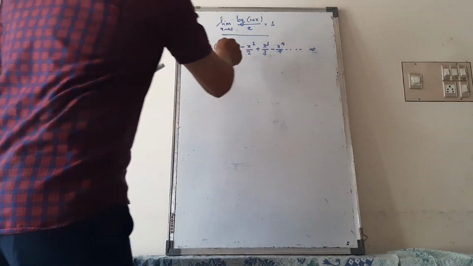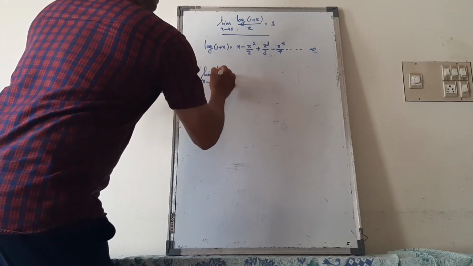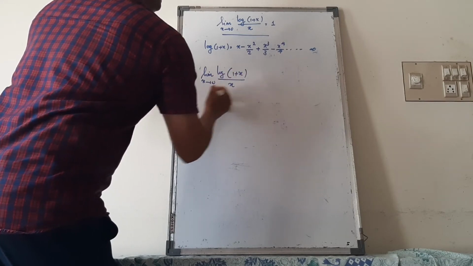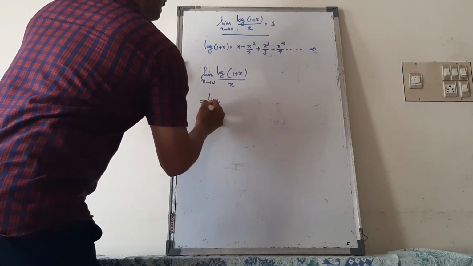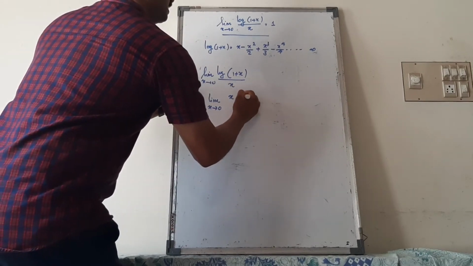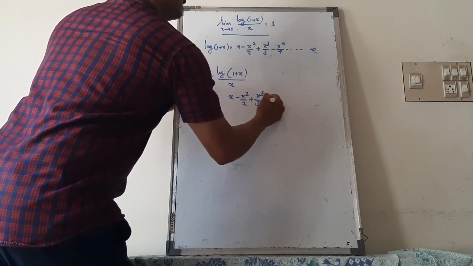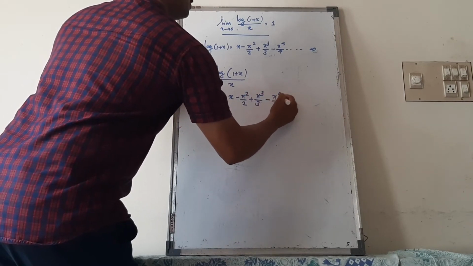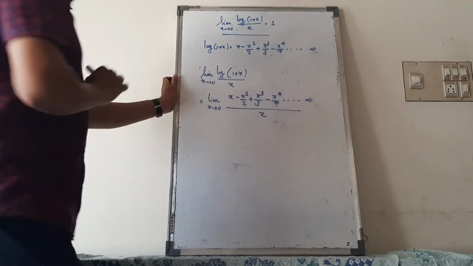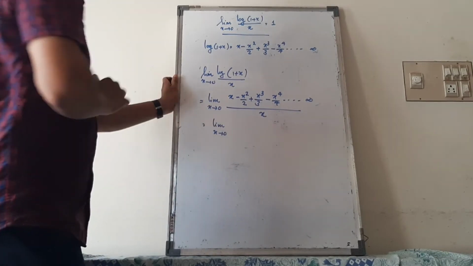Now we substitute this series into the left side. That is, limit x tends to 0 of log 1 plus x divided by x equals limit x tends to 0 of x minus x square by 2 plus x cube divided by 3 minus x raised to 4 by 4 to infinity, the whole divided by x. Here we take x as common.